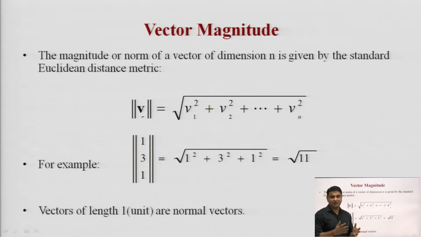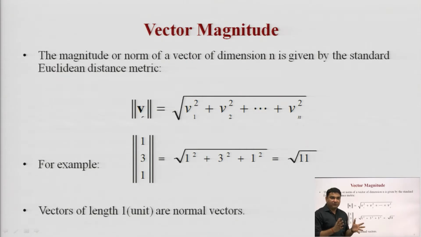If a vector is described in terms of 3 dimensions, then its magnitude can be given like this: 1, 3, 1 are the 3 components of that vector in those 3 dimensions, and the magnitude can be given as the square root of 1 square plus 3 square plus 1 square, which is equal to square root of 11.